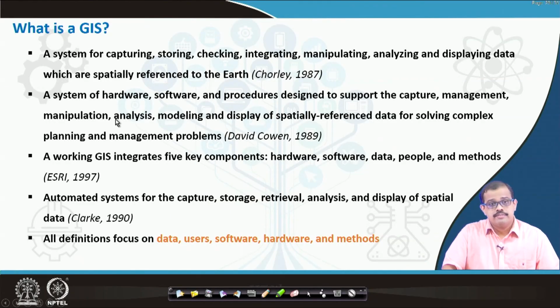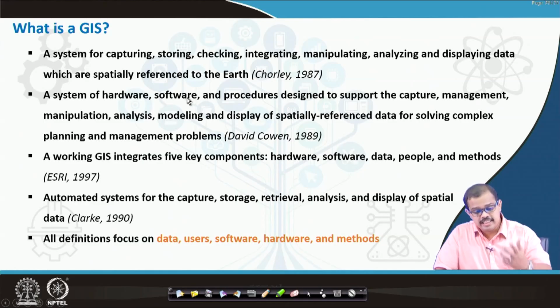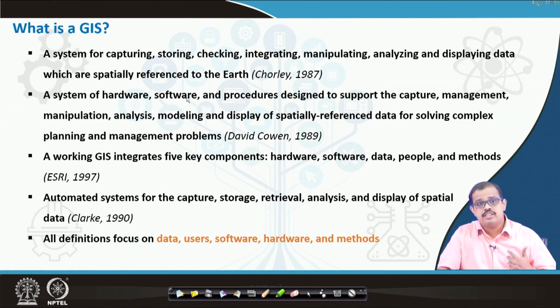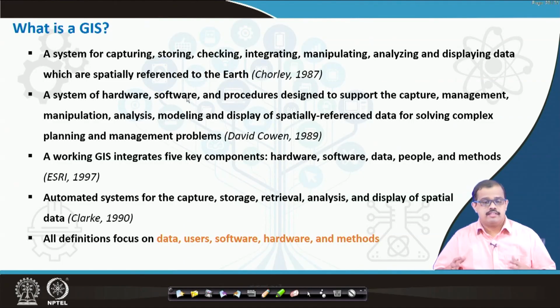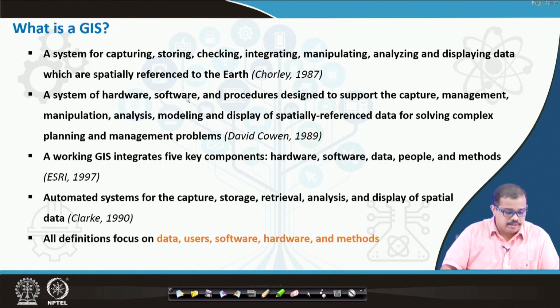Along with the hardware and the software, it is a science that helps us to capture, manage, manipulate, model, and display the data, for solving complex planning and management problems. That is what Cohen said. Cohen had visually given the entire process of how spatial analysis can be done.